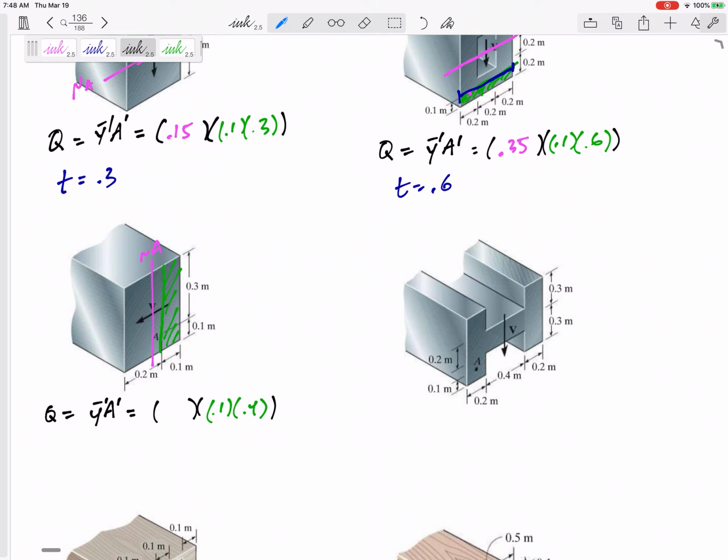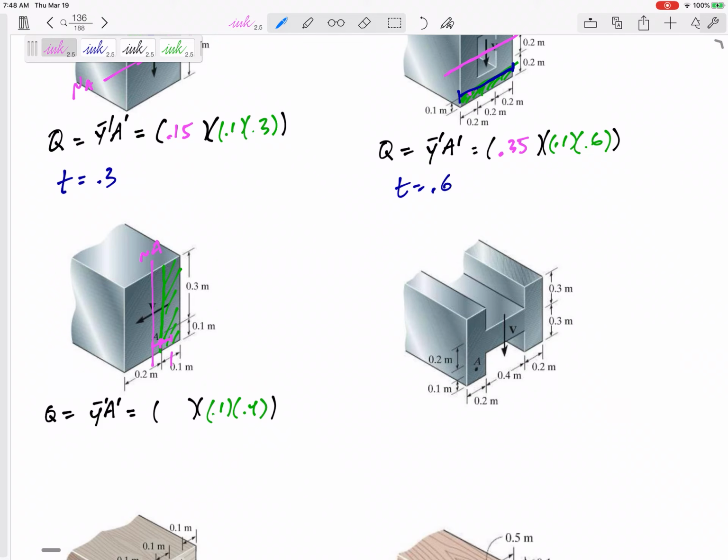And then my Y bar prime, okay, if this is 0.3 and this point is right here, I think I would need to go 0.5 just to get to the point, but then I need to go past it to the centroid. So the centroid would be at the middle.